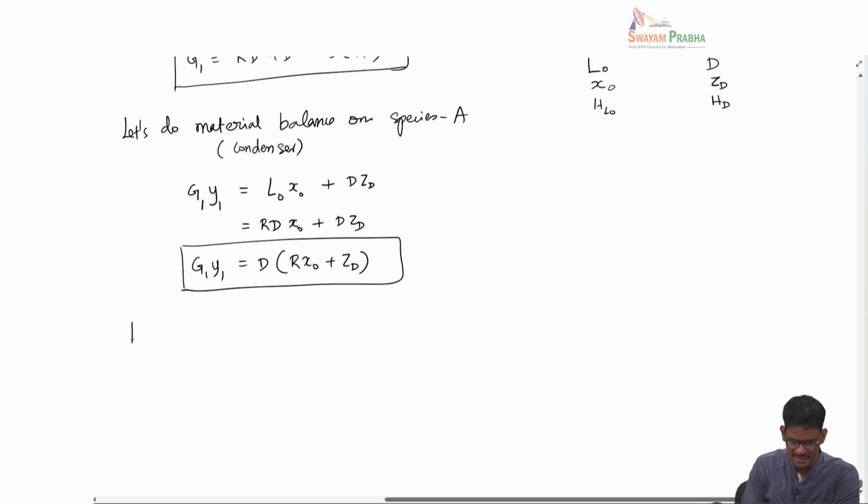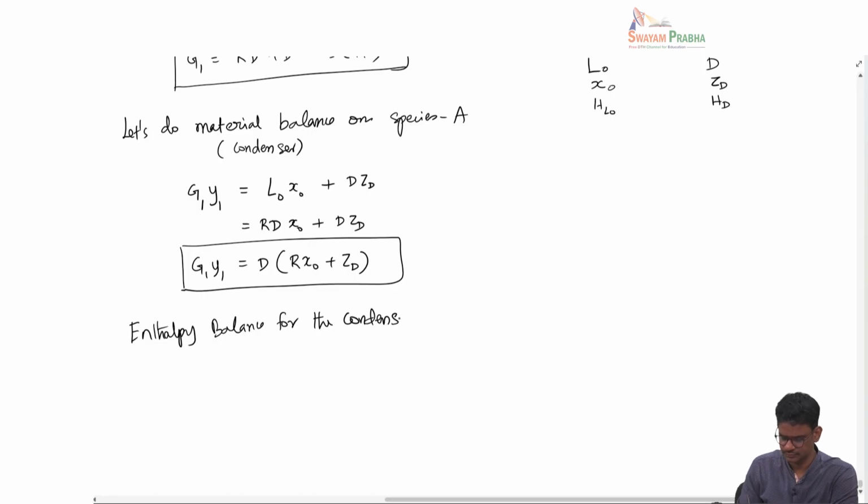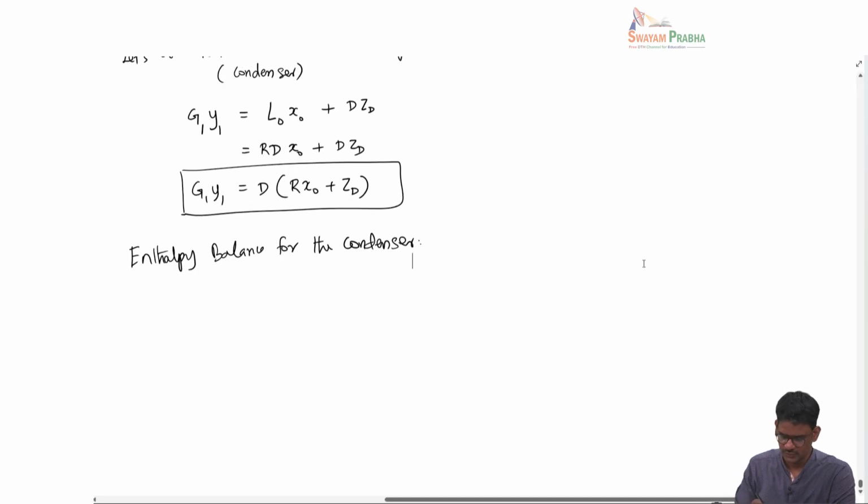Now let us do an enthalpy balance for the condenser. The enthalpy of the vapor that is coming into the condenser is G1 Hg1, and what is leaving is L naught HL naught plus D times HD.